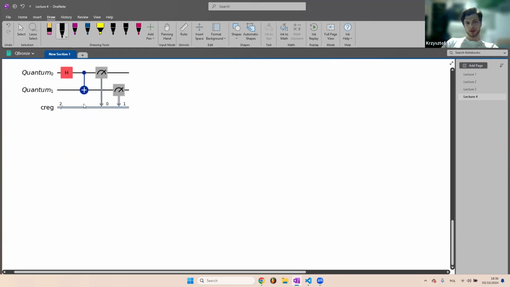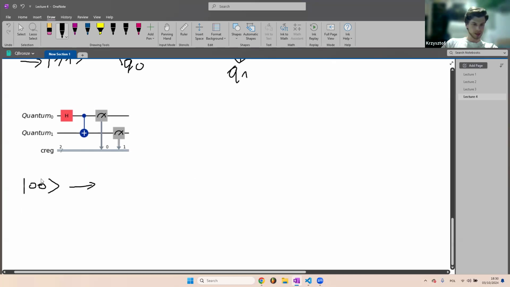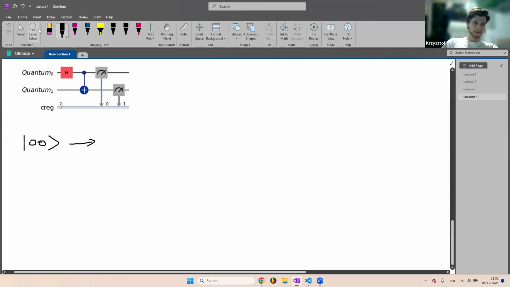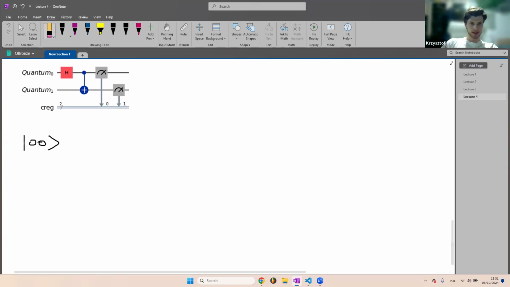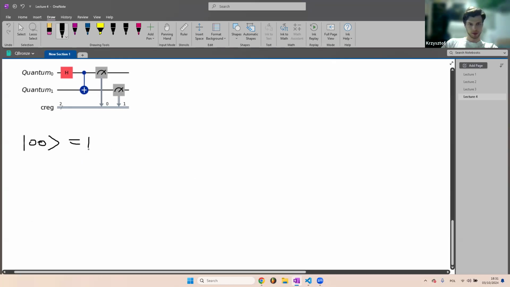And we will try to analyze, also track the evolution of both states. So let's apply a Hadamard, but now I'm using a little bit different convention. So I place 2 bits in one ket, but you can also write it as 0 tensor 0.